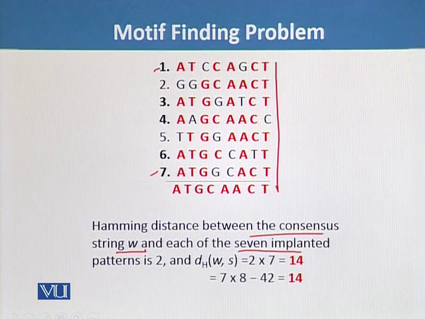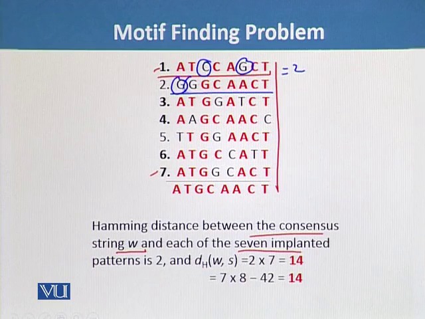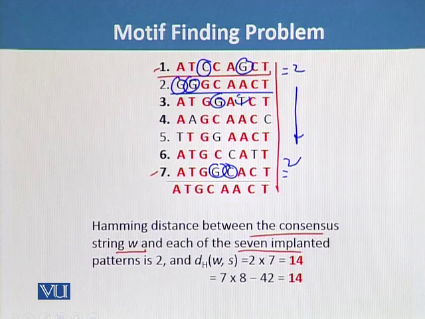It means that in each of the sequences these 2 in black color are the Hamming distance of this sequence, meaning 2, and in the second sequence again 2, and third 2. So in all of the 7 sequences the Hamming distance is 2.